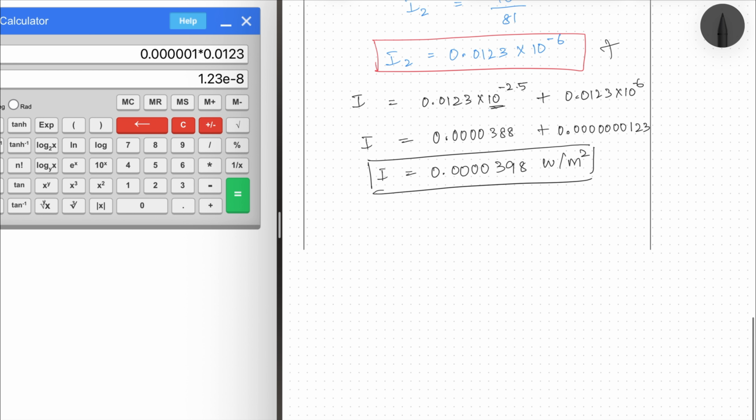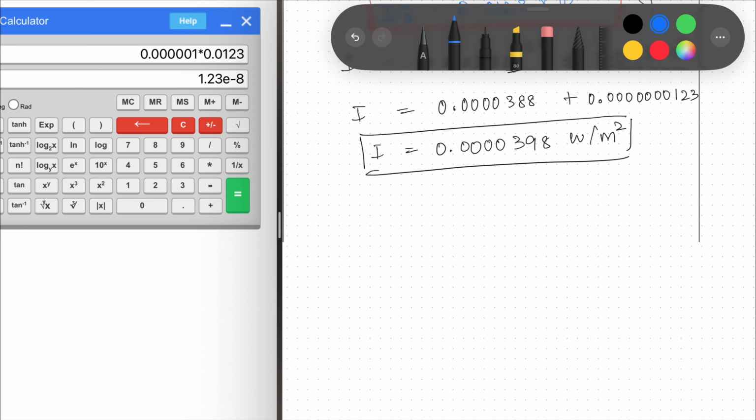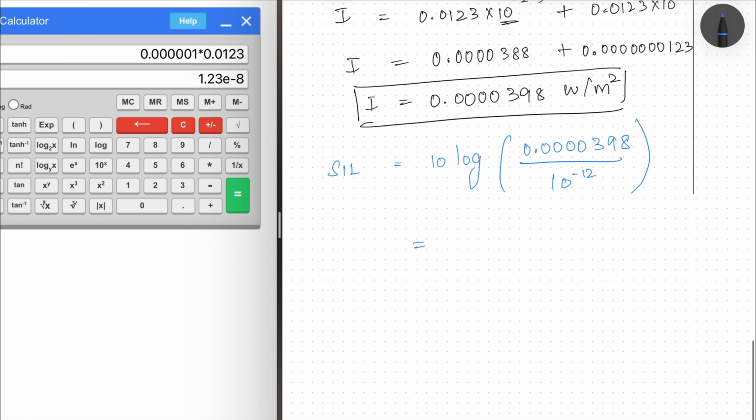Now we have to find it in decibels. So SIL is equal to 10 log of this value, 0.0000398 by 10 to the power minus 12. So this will give you, wait, we'll do it here in the calculator, 0.0000398 multiplied by 10 to the power 12.